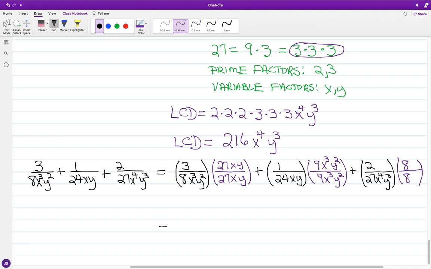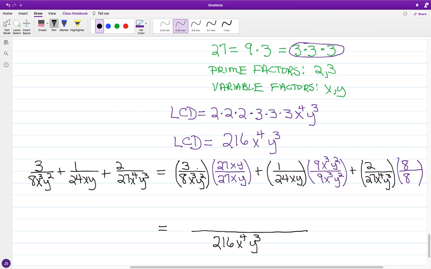And so for this final result, we have all denominators as the consolidated term, 216x to the 4th y to the third.